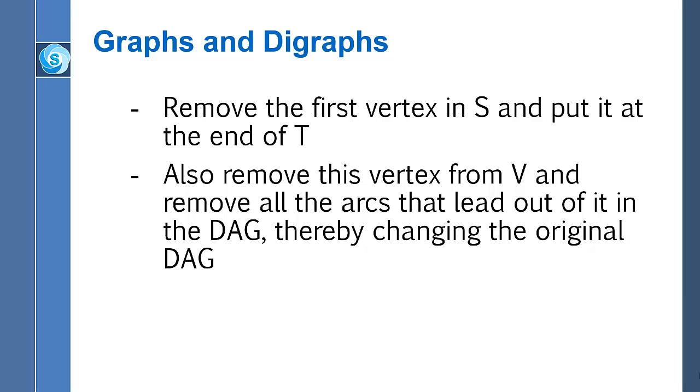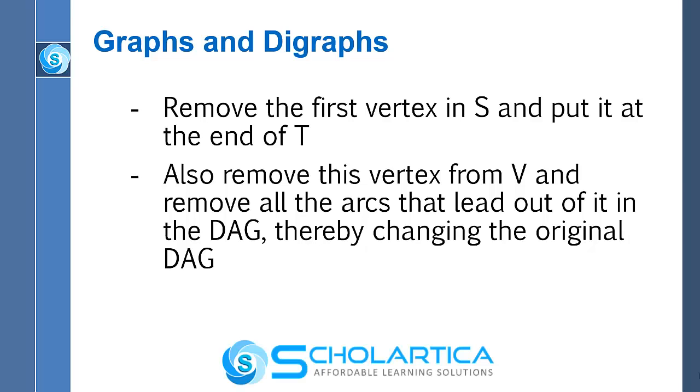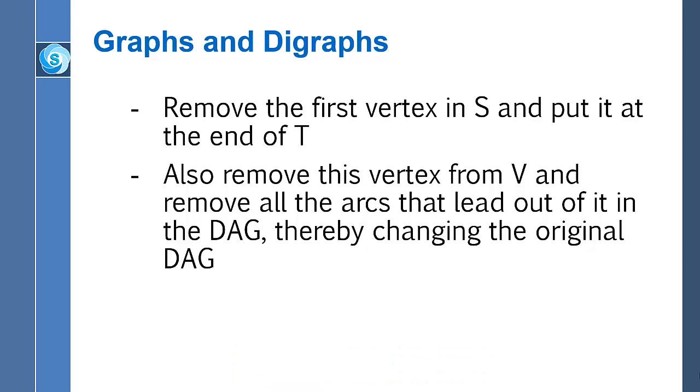That same vertex has to be removed from capital V, and all of the arcs leading out of that vertex have to be removed from the DAG. Okay? So basically, we're changing this directed graph by removing one at a time a vertex. We're removing a vertex here, and we're also removing at the same time all of the arcs that lead out of that vertex. Okay? So as Kahn's algorithm proceeds, the DAG is going to get smaller and smaller.